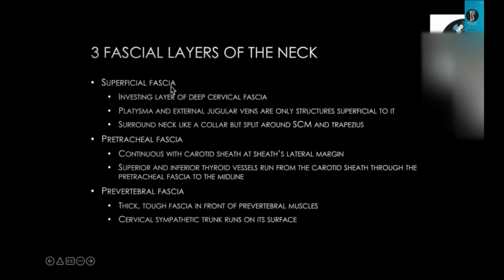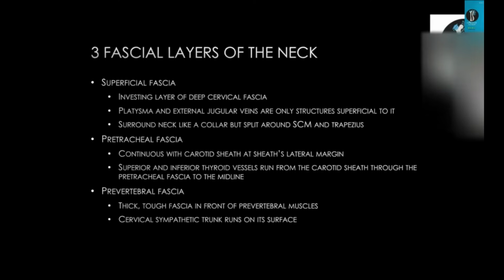So you talked about superficial fascia, platysma, external jugular vein, around the neck, split around SCM and trapezius, the pretracheal fascia, which is continuous with the carotid sheath. Your superior and inferior thyroid vessels run from the sheath to the midline, and they're the only structures that are passing medial to lateral when you see them in your approach.